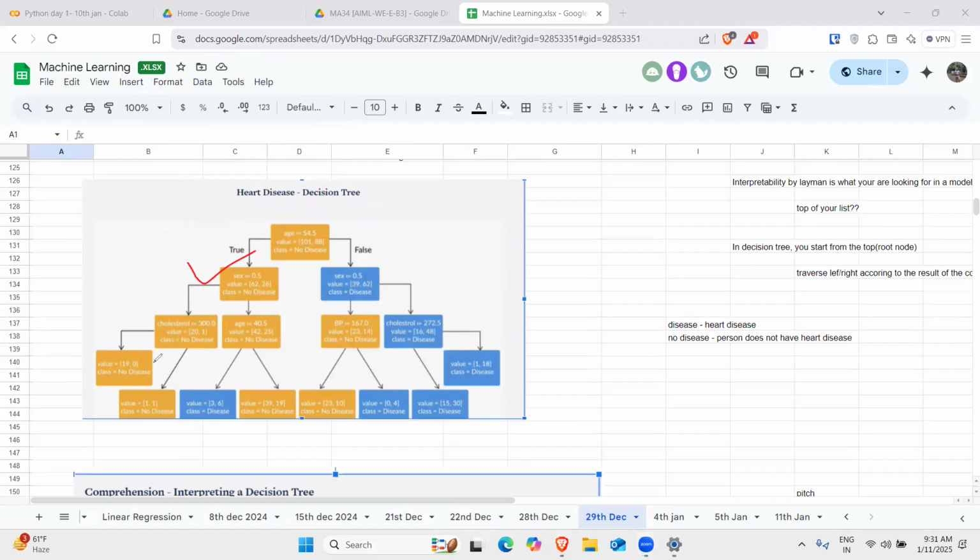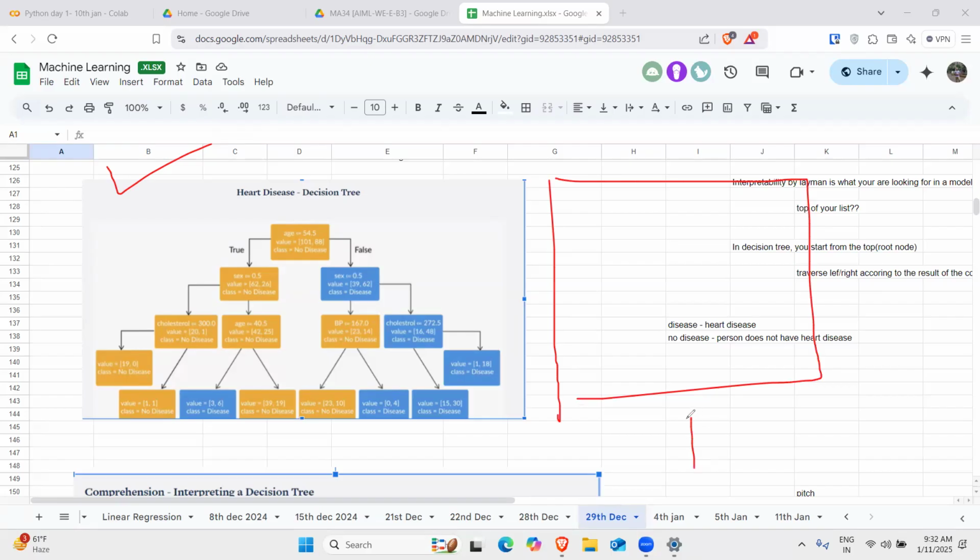Yes or no? So what do you mean by this? We cannot simply use one model. The reason is we are not getting good accuracy. So the idea here is to combine different decision trees, where this time I'll be using another criterion where age is greater than 50, right?